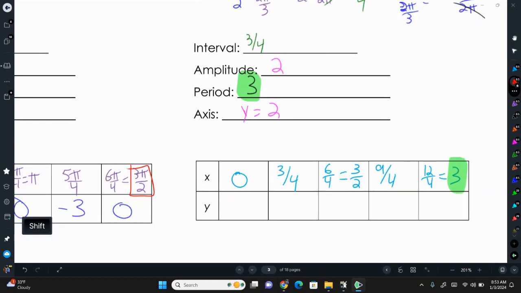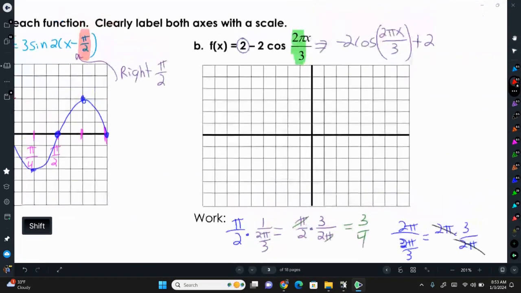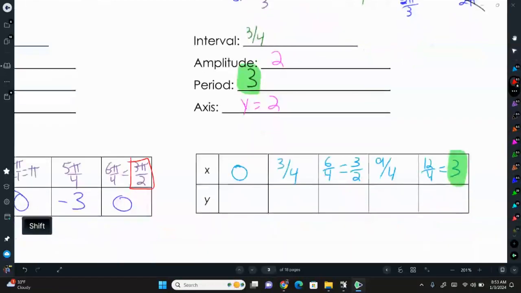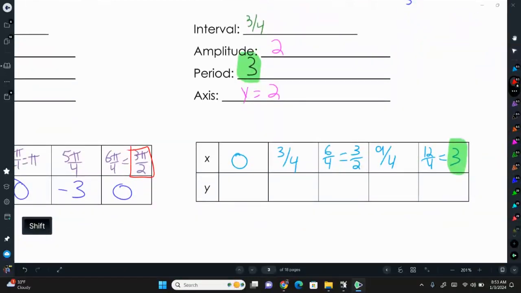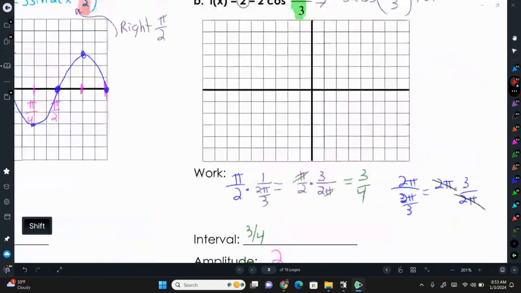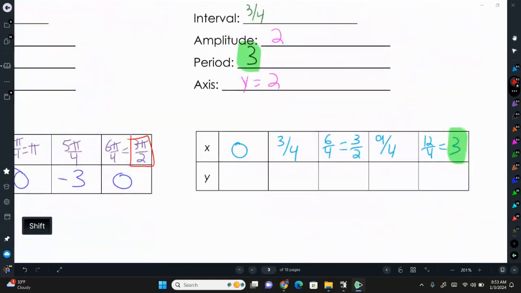So now for our y values, again, because it's cosine and negative, we're going to start at the bottom, but we also have a vertical shift of 2 because our axis is at 2. So there's a couple ways you could do this. You could write out your y values without the shift and then make a third row. And I'm going to do that just for this problem. So we're going to have -2, 0, 2, 0, -2, and then just realize, okay, now I have to add 2 to all of these because of our midline.